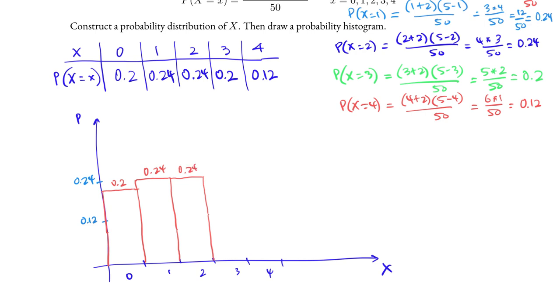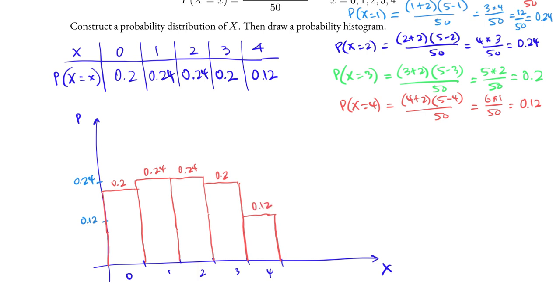For x equal 3, the height is now 0.2, same as when x equals 0. Again, the width of the rectangle is 1. And lastly, when x equals 4, the height is 0.12. And so we only go up to 0.12.